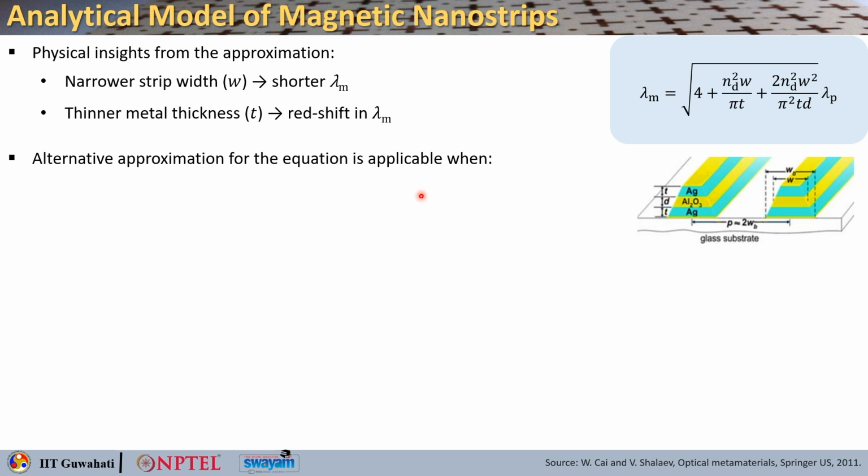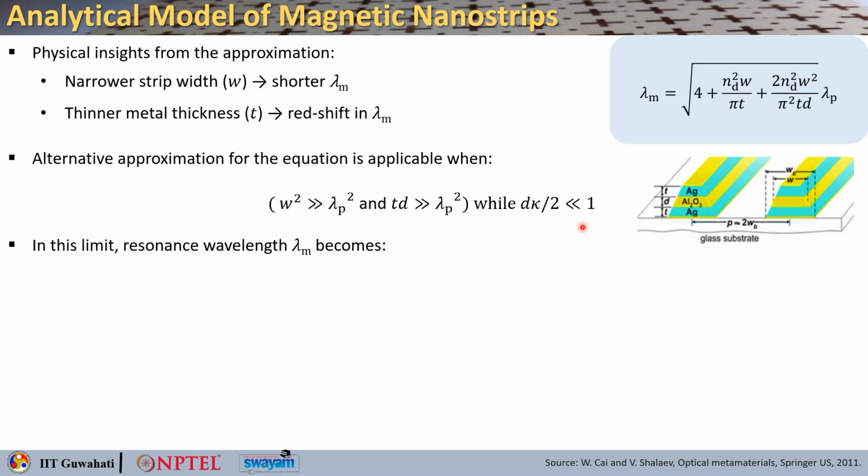Another interesting approximation can be obtained if the dimensions of the coupled strips are relatively large. That is, if you consider W square to be much larger than lambda p square and t d to be much larger than lambda p square, in that case d kappa by 2 will be much smaller than 1.